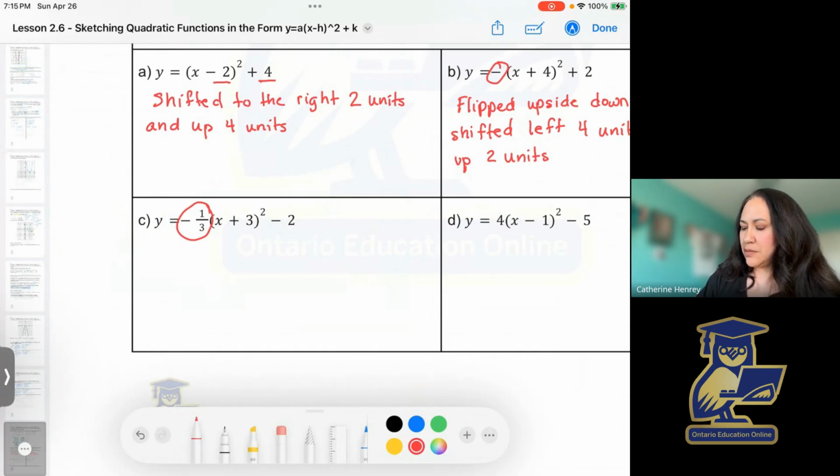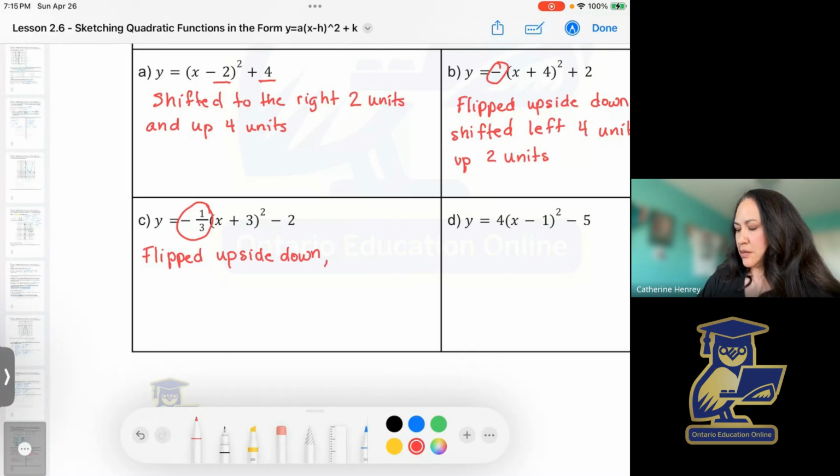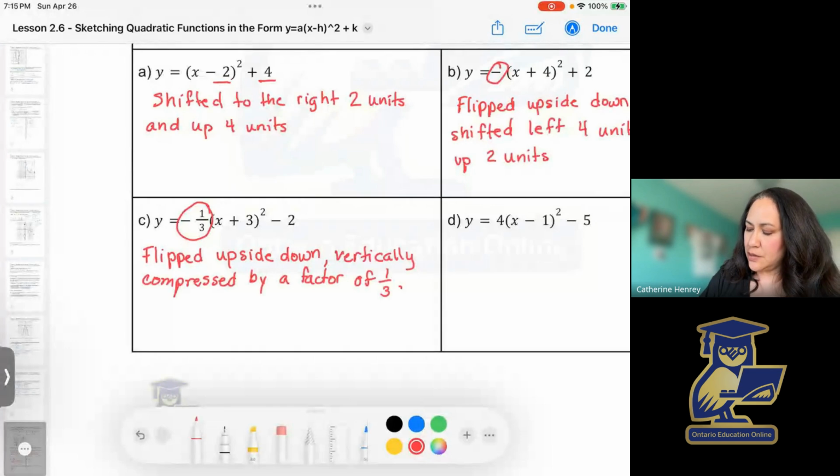So this is flipped upside down, and compressed, let's say vertically compressed, by a factor of 1/3, and then shifted left 3 units and down 2 units.